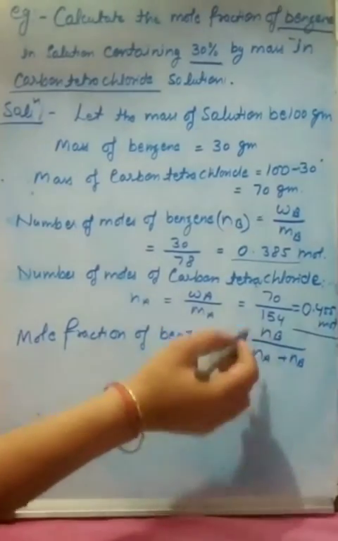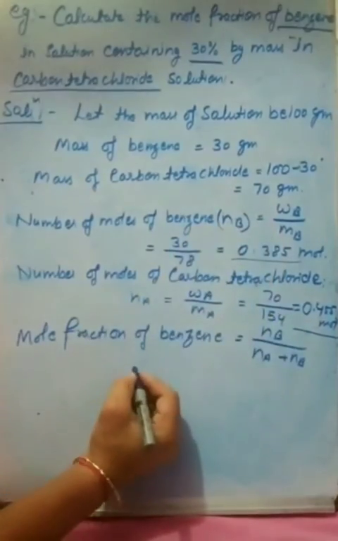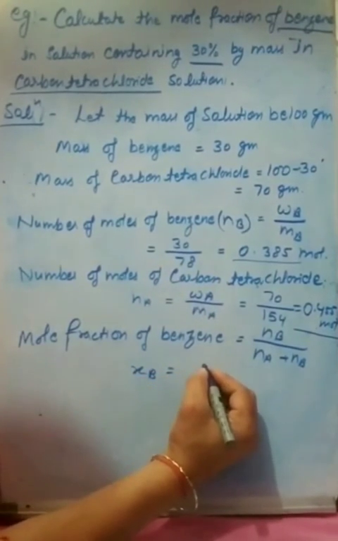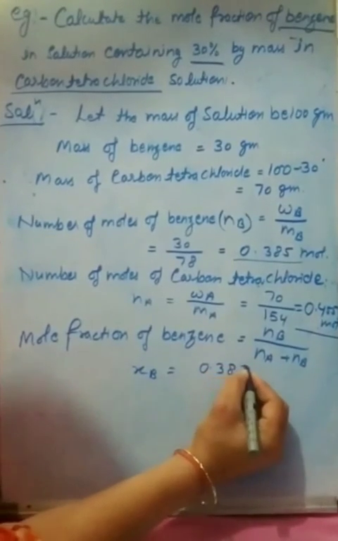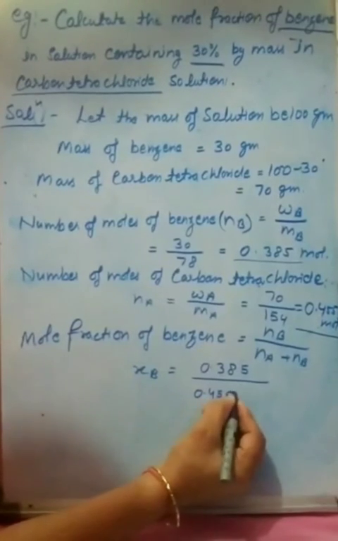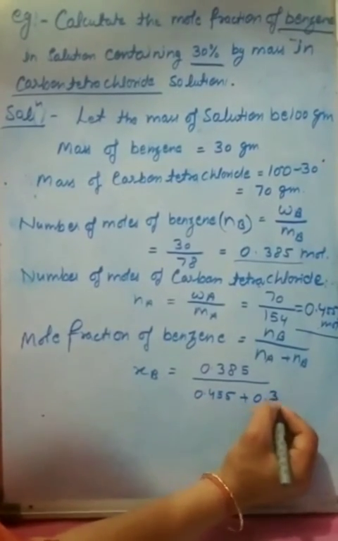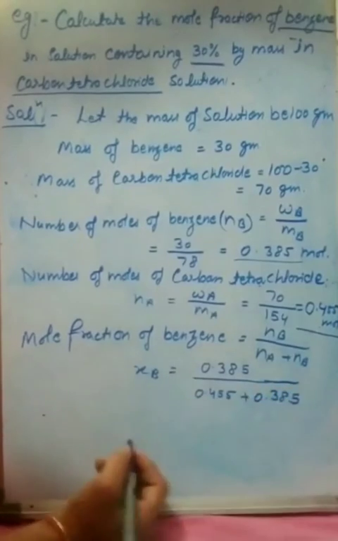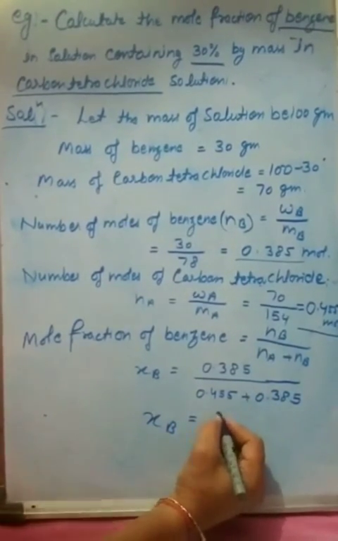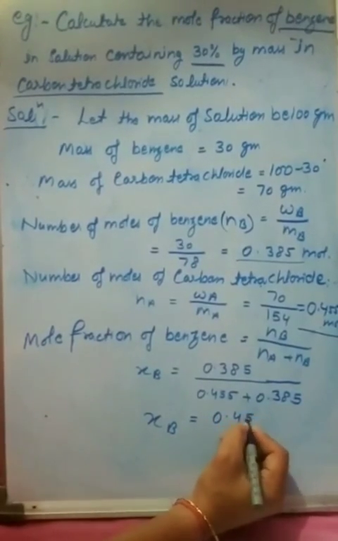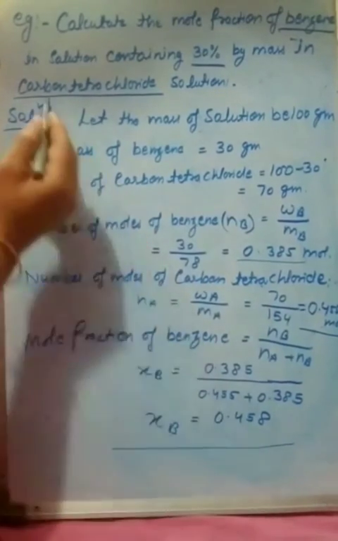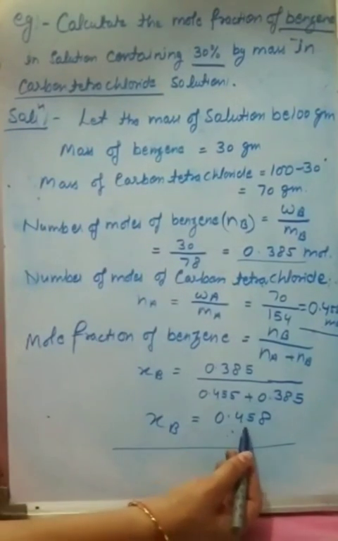On putting the values of Na and NB, we find mole fraction of benzene, that is 0.458. So the mole fraction of benzene in carbon tetrachloride solution is 0.458.